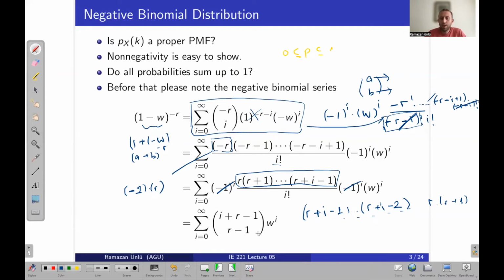In other words, another way to write these things quickly, you can simply look at the last term or the beginning term. If we think inversely, it will be r plus i minus 1.